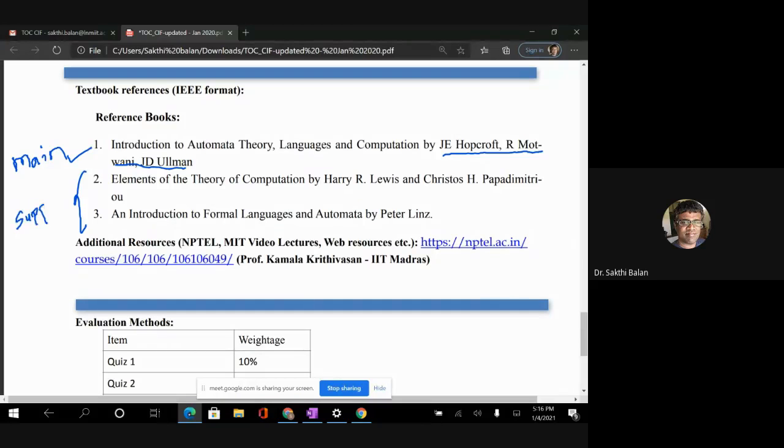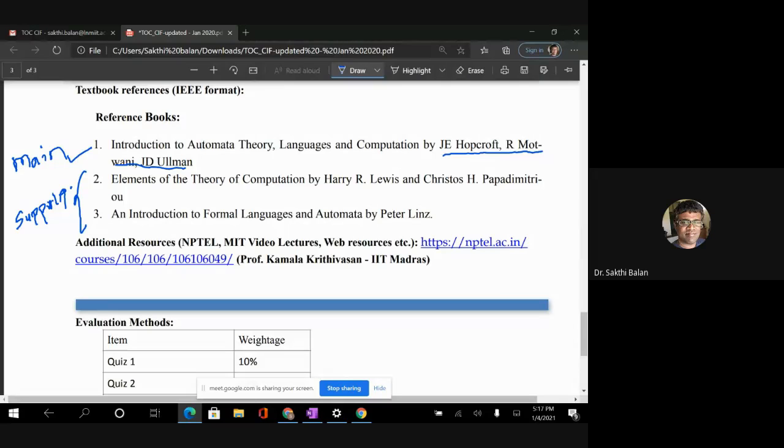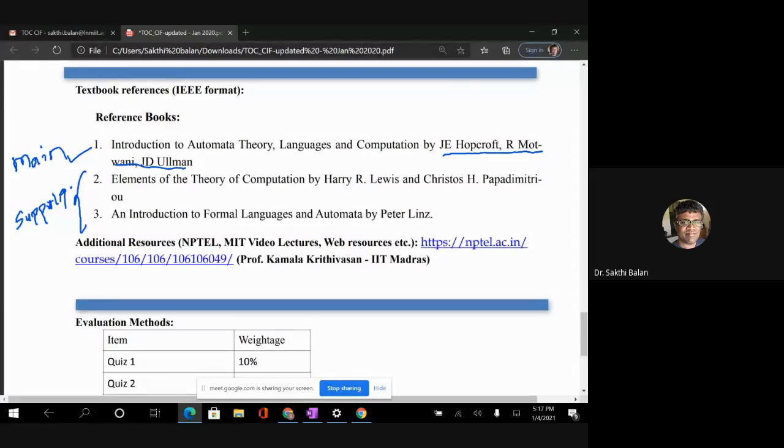Okay, so the second one is by Papadimitriou. This is also a very good book, and the Peter Linz, that is the third one, contains a lot of solved problems. If you want to have a look at the solved examples, I think Peter Linz will be the best book to refer to. Okay, so these are the three books which we will be referring for this course.